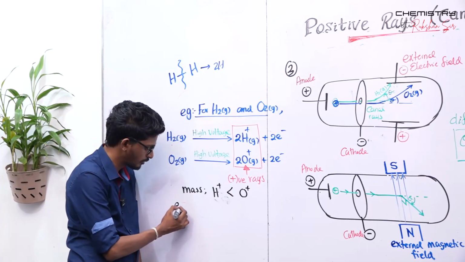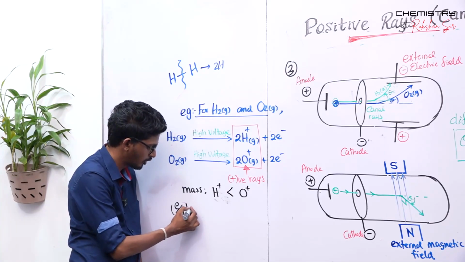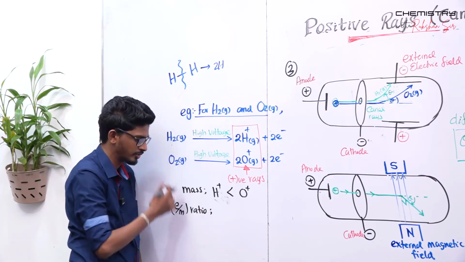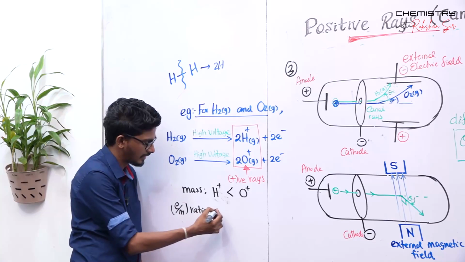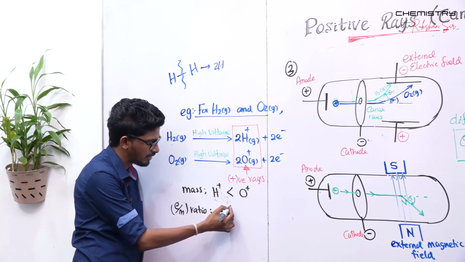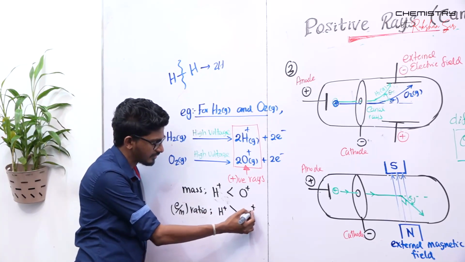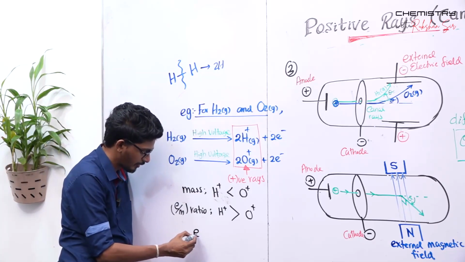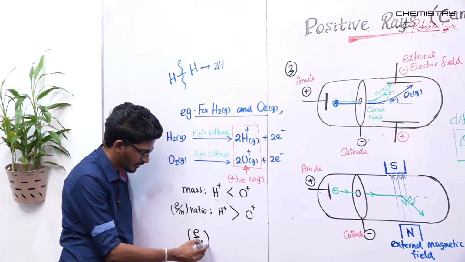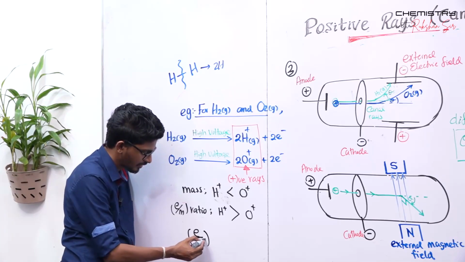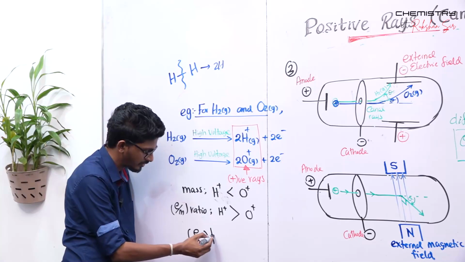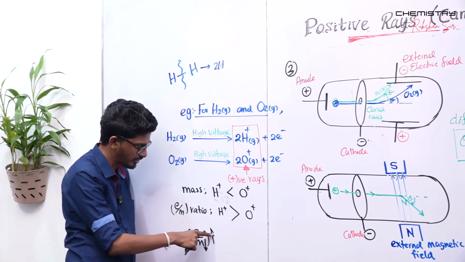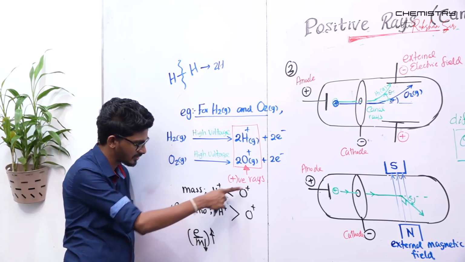So the e/m ratio of H plus will be greater than that of O plus, because when the mass drops, the e/m ratio increases as you are carrying the same charge.